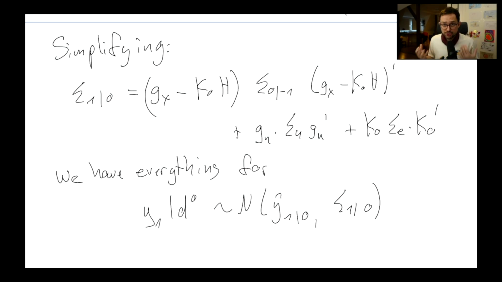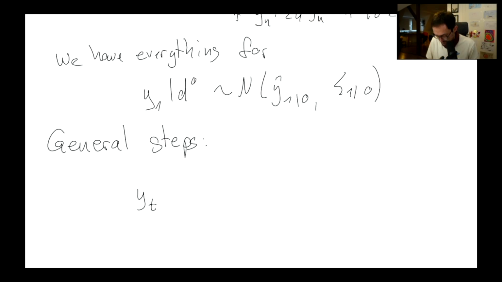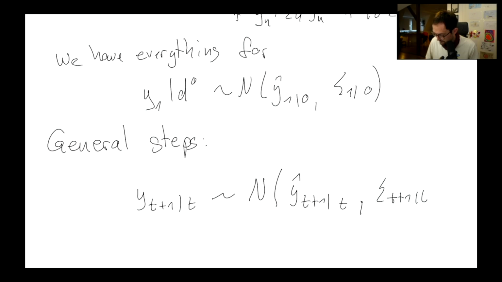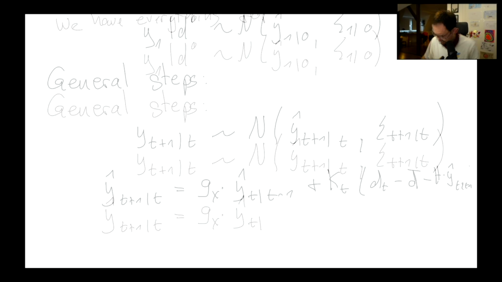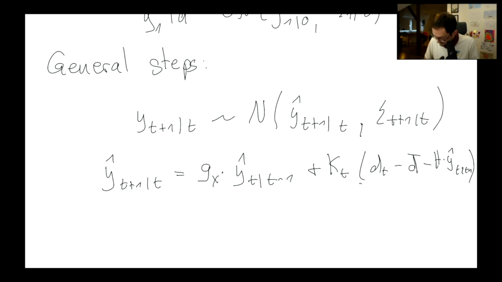So in general, the distribution of y t plus 1 given the information set up to t is normally distributed with y hat t plus 1 given t and sigma t plus 1 given t. And the formulas to compute y hat t plus 1 given t are given like that. If you remember, this is what we defined as the forecast error, little a.